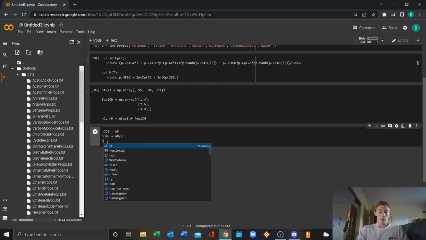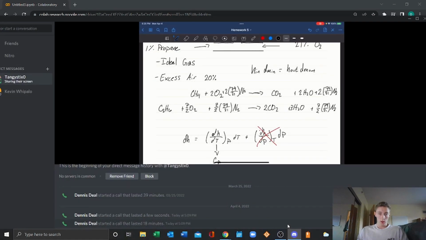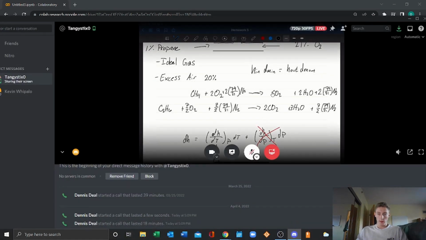Now for our oxygen, what you'll see is we have one CO2 molecule plus half of our O2 molecule of our H2O. So 1 plus half of 2 is 2 again, so then we have 2 O2.